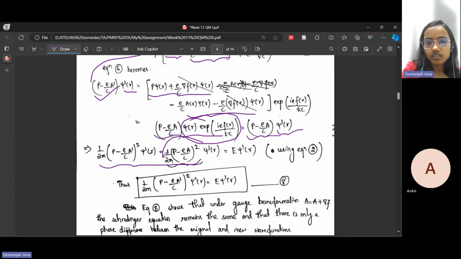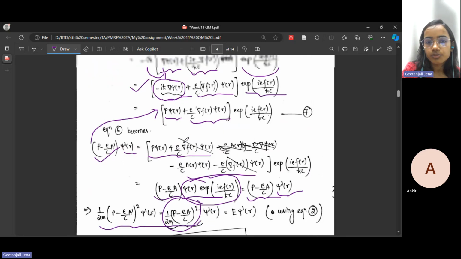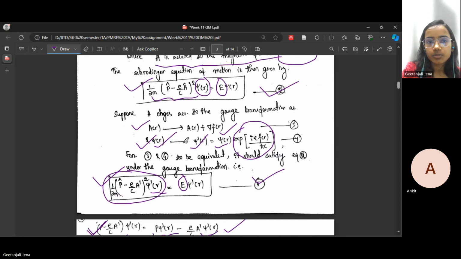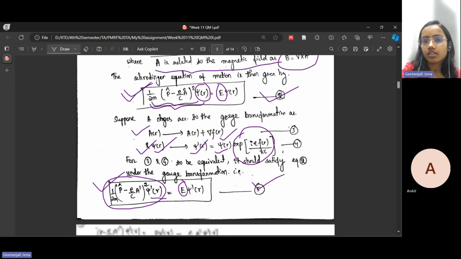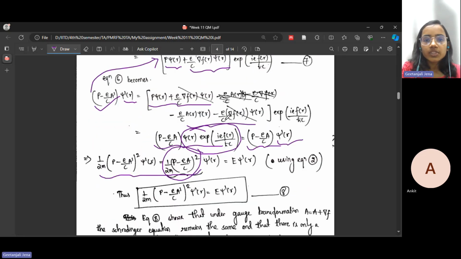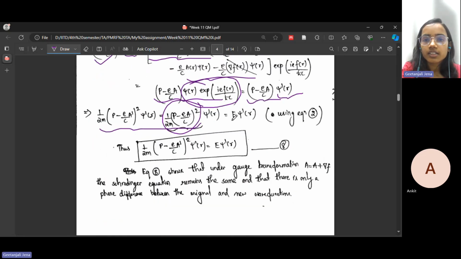And this one is nothing but E, right? This one is E psi of r, right? If you check the second equation, then when this 1 by 2m P minus C A prime acts on psi of r, it will give E psi of r. So that means here we will get E psi prime r.